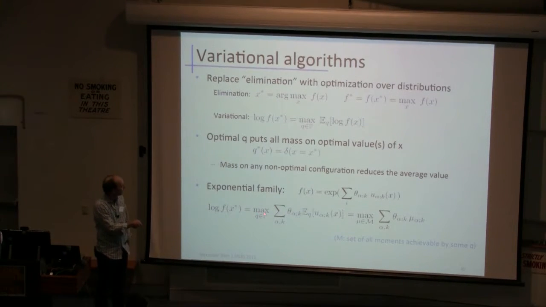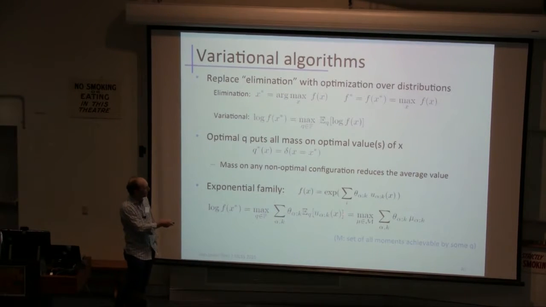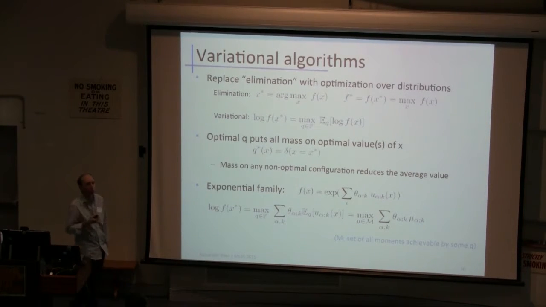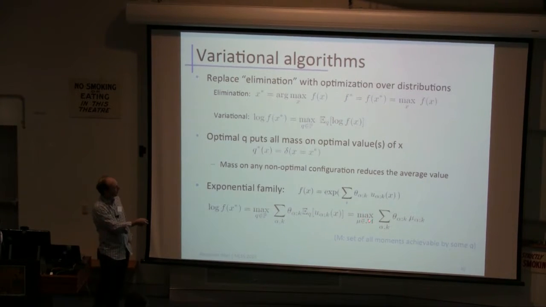And so another way of writing this optimization over distributions q is to optimize over marginal probabilities mu that are consistent with some joint distribution. And so we can think of the set of mu's that are consistent with some joint distribution q and call that M, the marginal polytope.